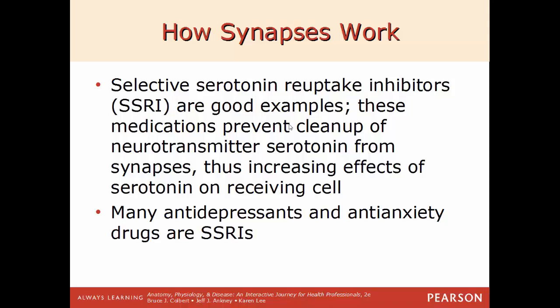People who are clinically depressed are so because not enough serotonin is either being made or being received by the target cell. So if you keep serotonin in that space longer, it will improve that person's overall mood because it has more of a chance to bind to a target cell. So many antidepressants and many anti-anxiety drugs are SSRIs. And the whole goal is to increase the level of serotonin to make the person happier.